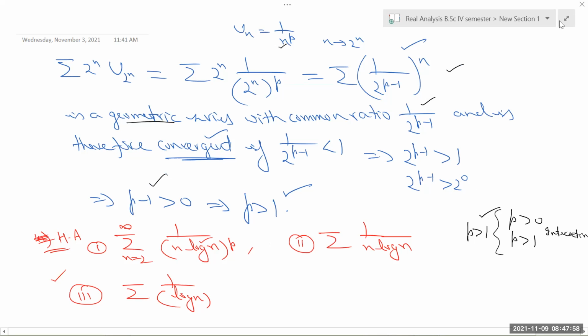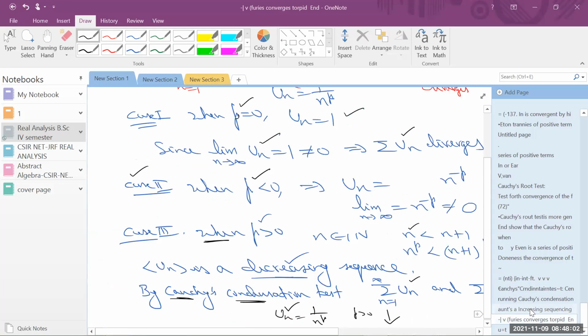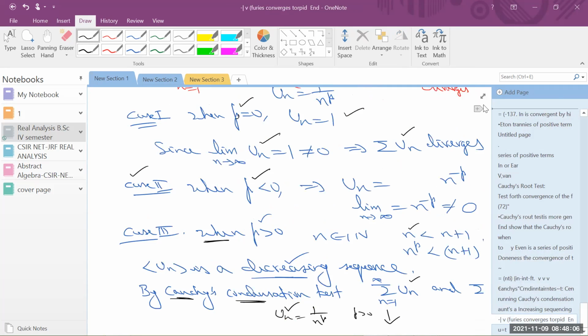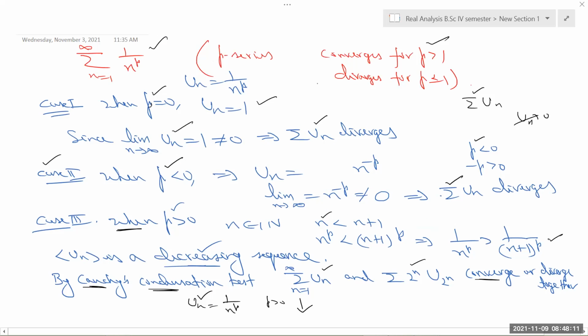Thus, from this P series test, I can conclude that this P series will converge for P greater than 1 and will diverge for P less than or equal to 1.